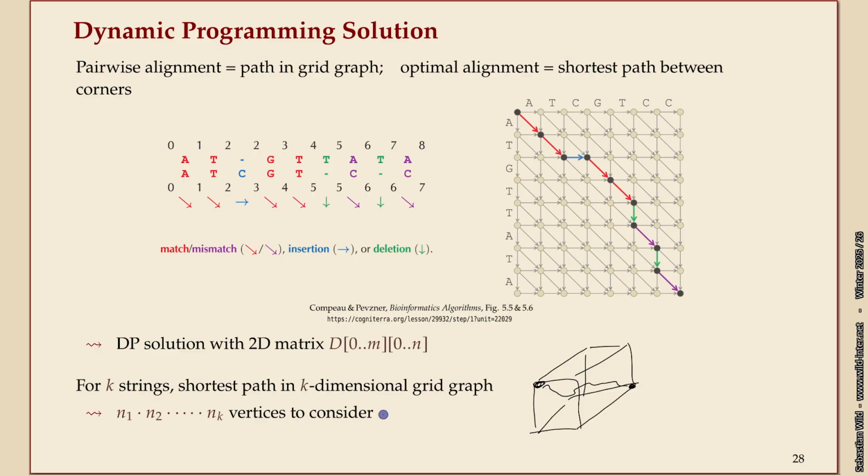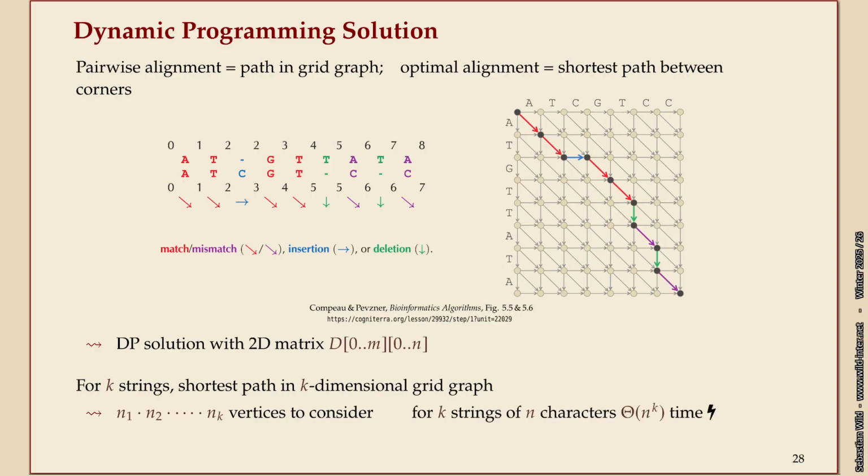And this blows up exponentially, clearly. Another way to say the same thing, if you count the number of vertices in this graph that we're trying to find shortest paths in, that number is roughly n to the k if the strings have length n and we have k strings. So you can do this for a few sequences, maybe a handful is fine, but quickly it explodes.